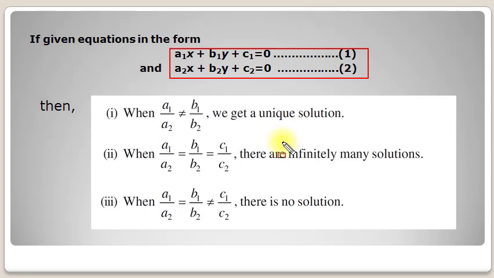I hope it is clear. Now we will come to the questions and see how we can solve a pair of linear equations by the cross multiplication method and check which type of equations have which type of solutions by this particular concept.